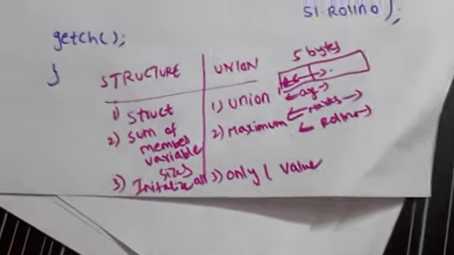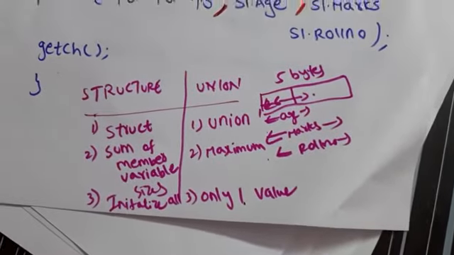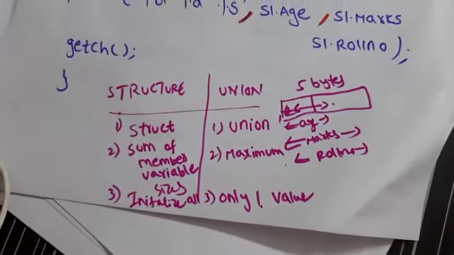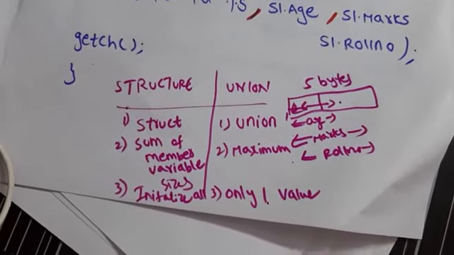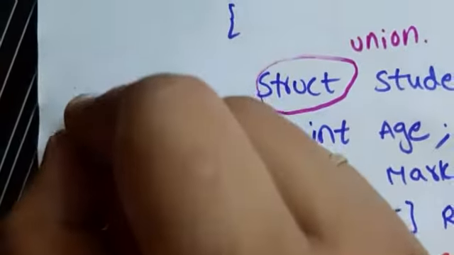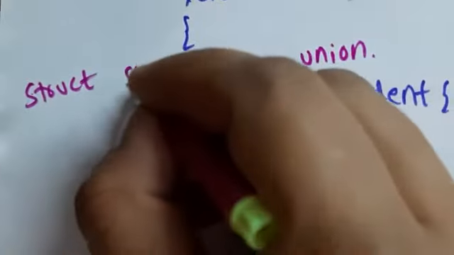So you may get a doubt: then what is the purpose of using union when you can give a value only for one variable? The reason is that sometimes all the three members may not be required. For example, let us see an example here. Take a struct student.